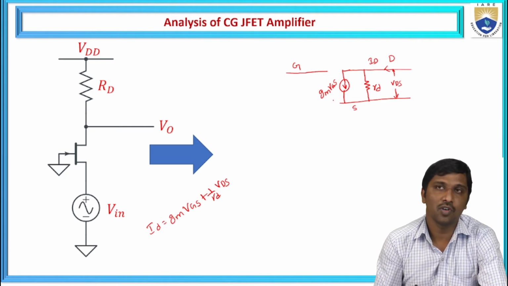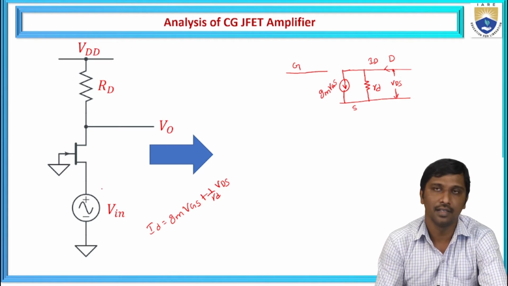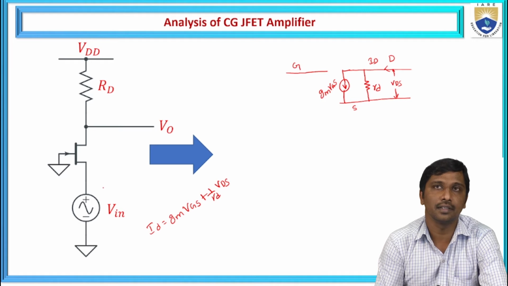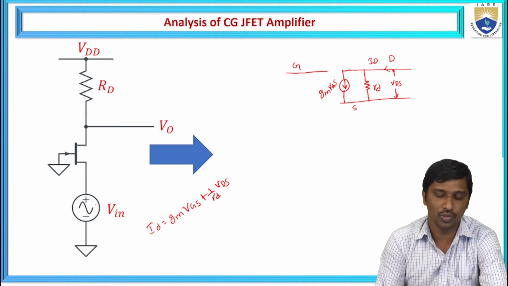And by using this small signal model, and based on the approach of this common gate JFET amplifier, we need to connect the external sources like your input and output parameters here. If you look at the circuit of the common gate JFET amplifier, the external input signal is passing through the source.